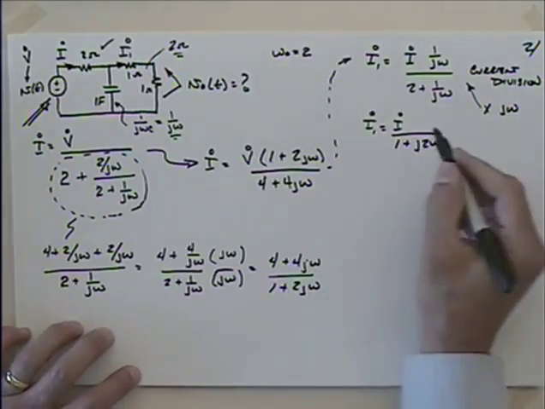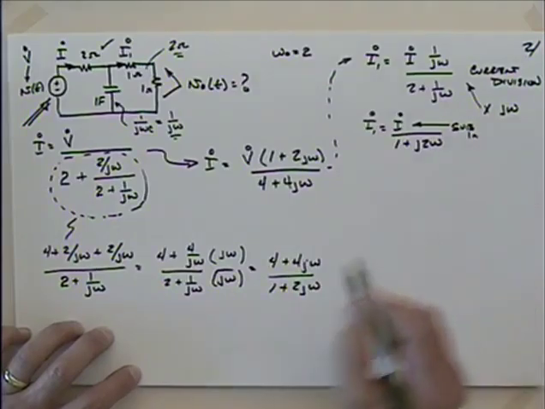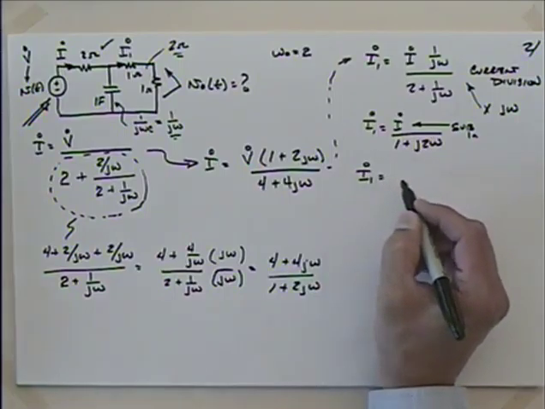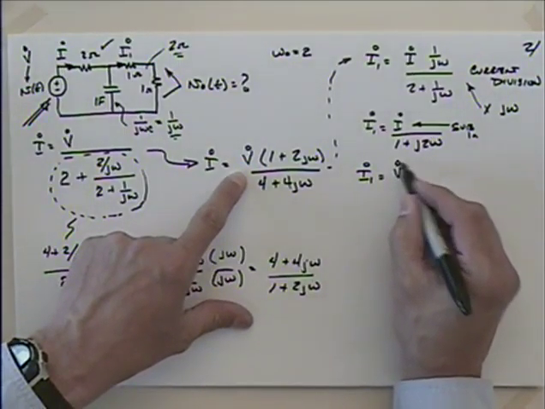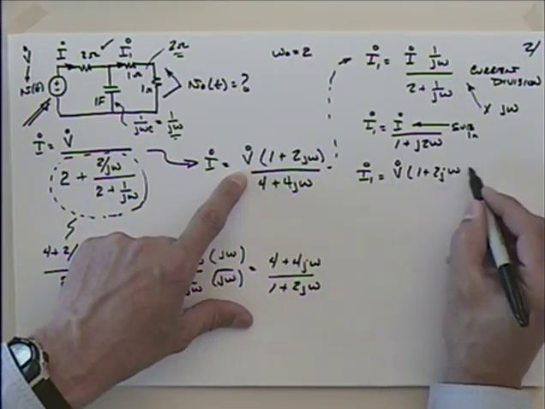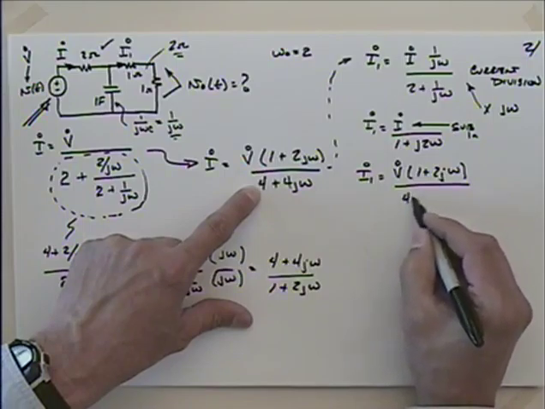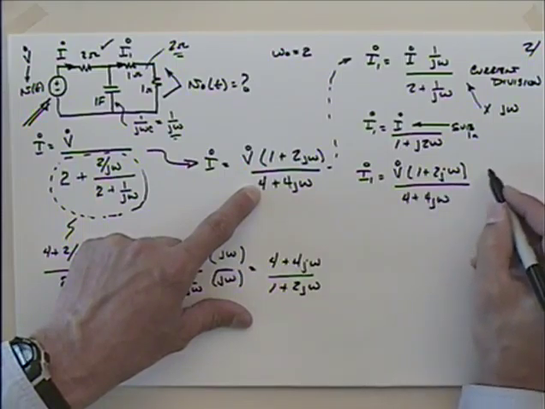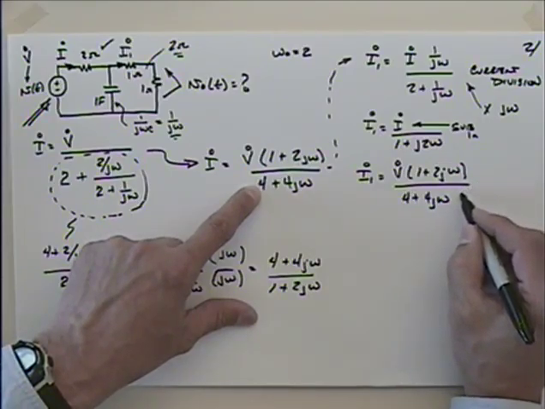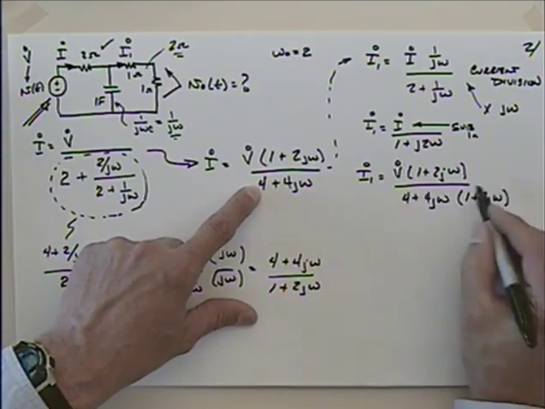Okay. So now I'll make my substitution for I. And I don't know that we need to do that first. It's probably a little easier. So I1 is then V times 1 plus 2j omega divided by 4 plus 4j omega, and then I have to multiply this thing by what? 1 plus, yeah, I'll write it 2j omega, I guess, to be consistent how I've done it.